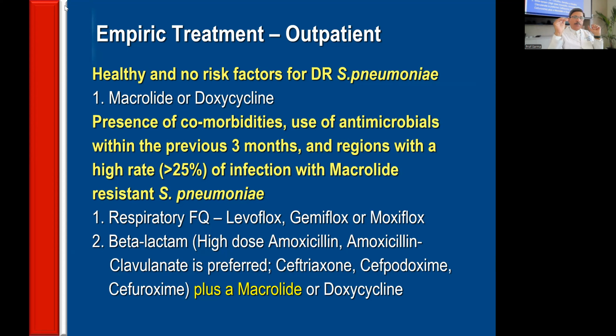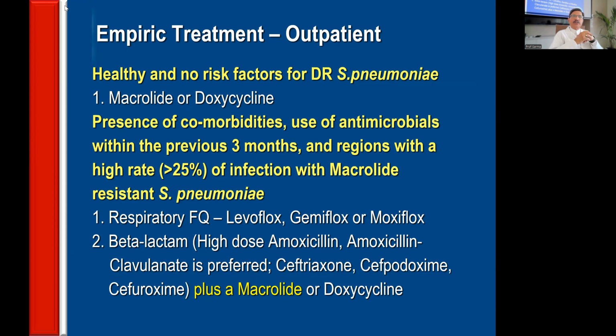Okay. Presence of comorbidities: an elderly patient or diabetic patient has other comorbidities. Use of antimicrobials: already he says, no, 3 weeks back I was treated for a urinary infection. I had some antibiotics, or I will be now and then taking amoxicillin whenever I get some sore throat, on my own without doctor's prescription. Many people do that.